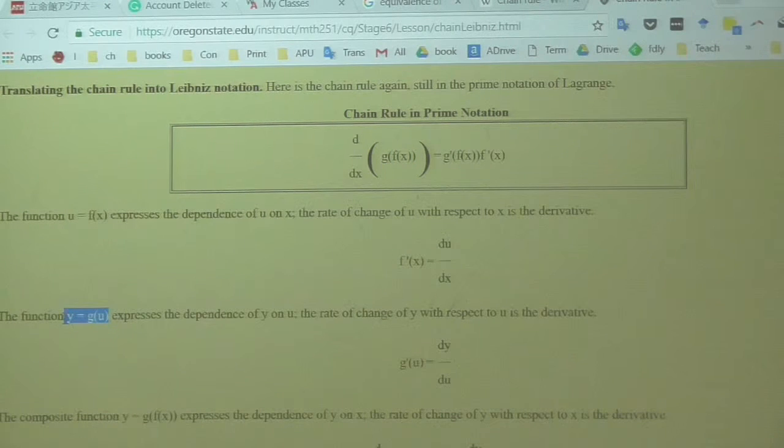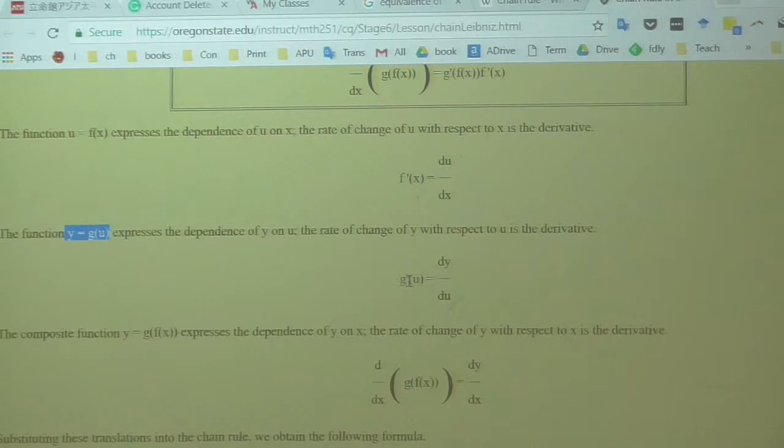So the rate of change of y with respect to u is g prime of u, which is dy du, right? And that's just what we mean. We're just doing the derivative of this is dy du, so we have this, right? Everyone follow that?